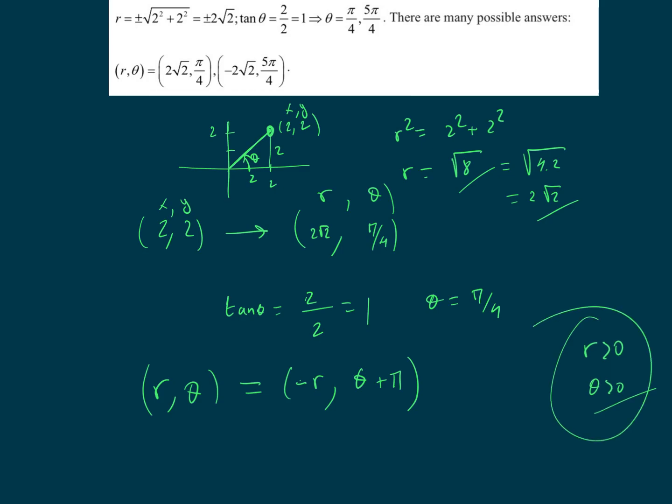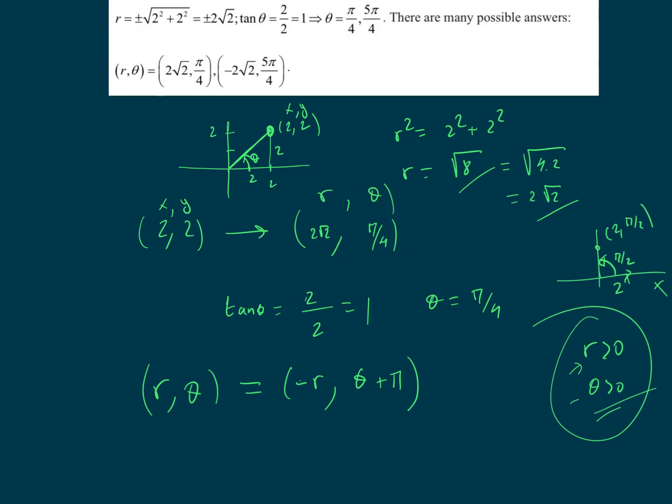So the theta is counterclockwise, very important, counterclockwise. And the r is positive if you start moving to the right, to the x. So 2 comma pi divided by 2 is here. The pi divided by 2 is counterclockwise.